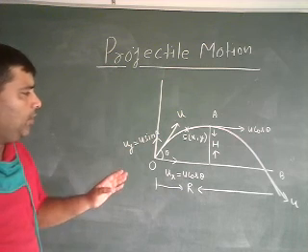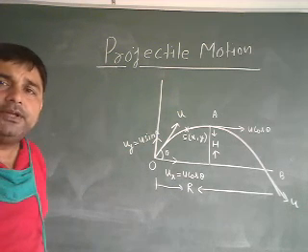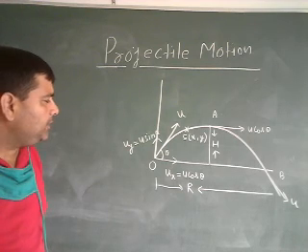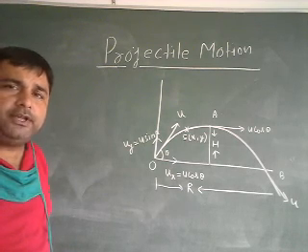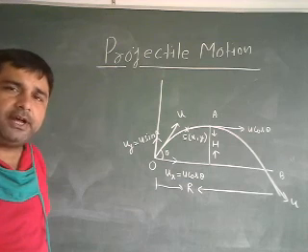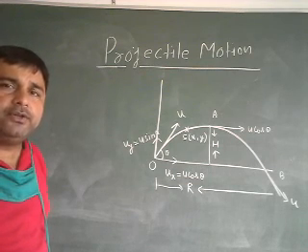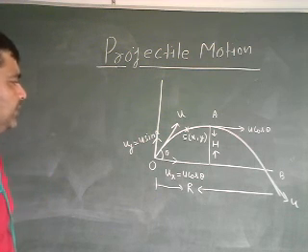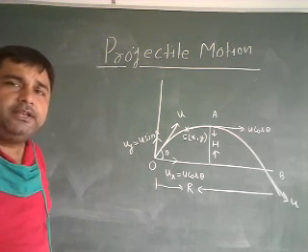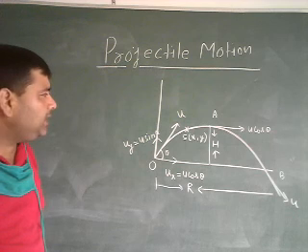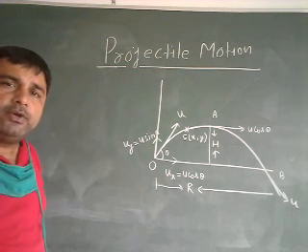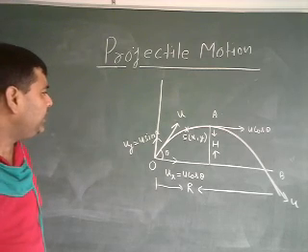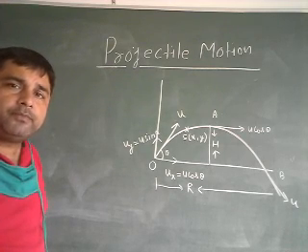Horizontal motion is uniform motion because the horizontal component of velocity, u cos theta, remains constant throughout the motion, and the vertical component of velocity, which is u sin theta, is variable in the OY motion. So projectile motion is the combination of horizontal motion and vertical motion.